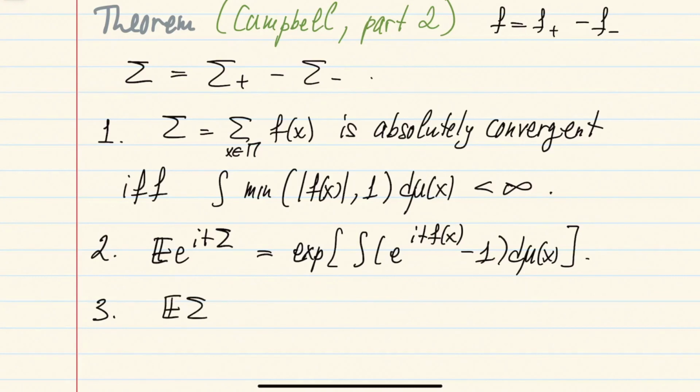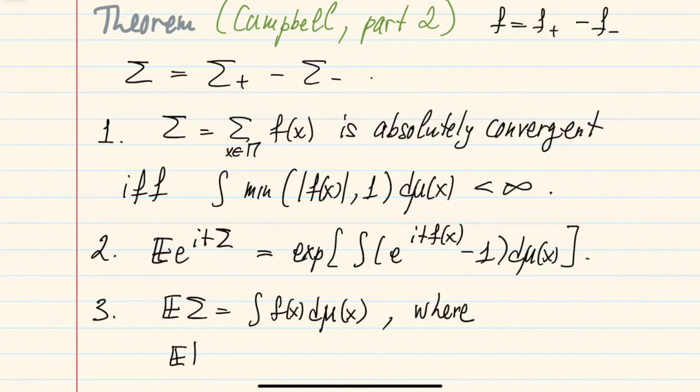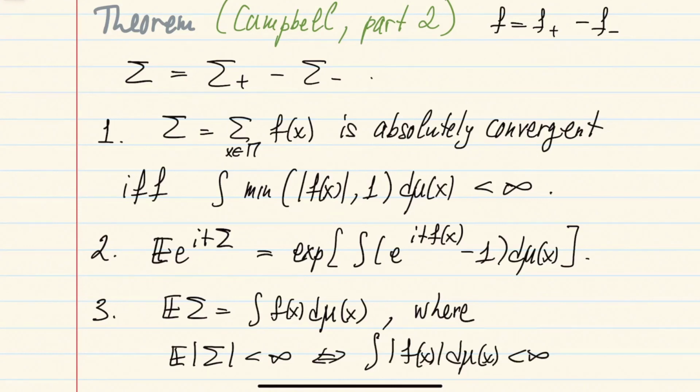So the expectation of sigma is the integral of f of x, where we of course mean that these integrals are defined when the functions are absolutely integrable. So in other words, the expectation of the absolute value is finite if and only if the integral of the absolute value here is finite.